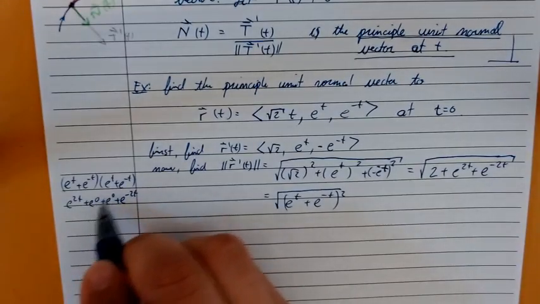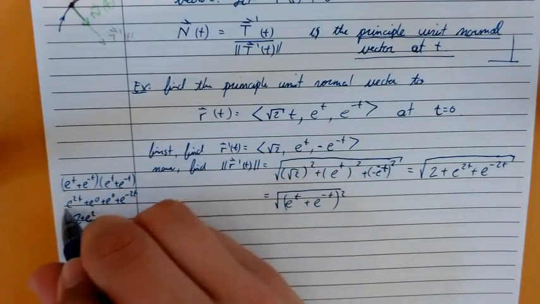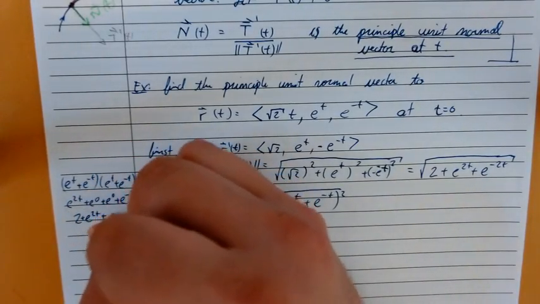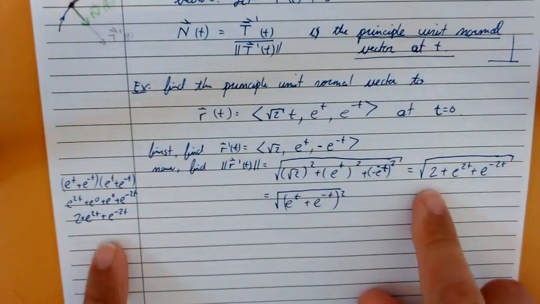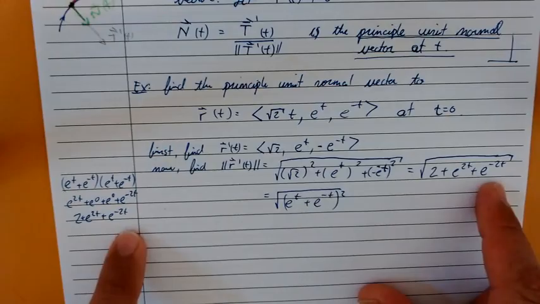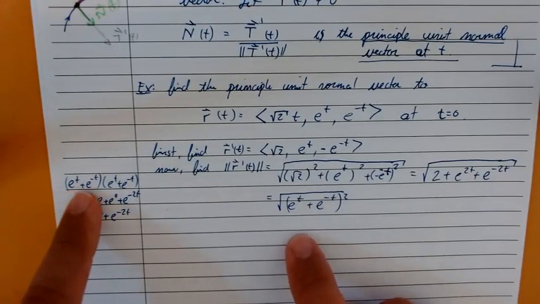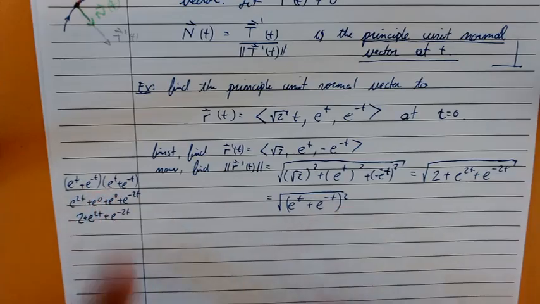But e to the 0 is equal to 1, so 1 plus 1 would make that 2. So that would be 2 plus e to the 2t plus e to the minus 2t, which means that this factors into e to the t plus e to the minus t times itself.